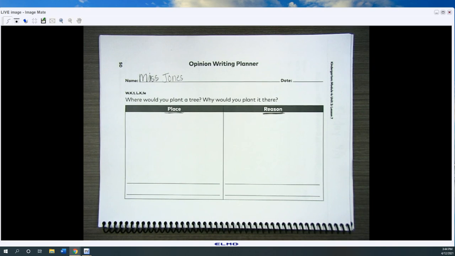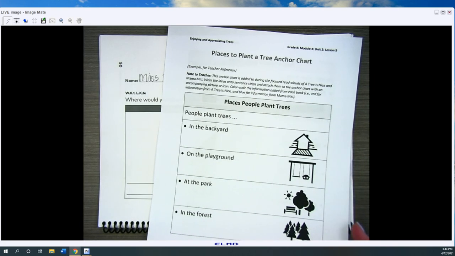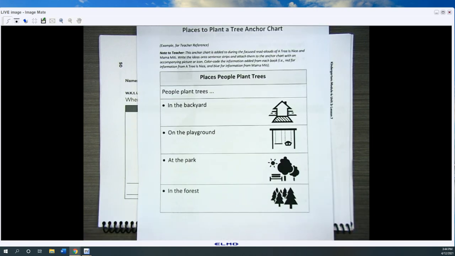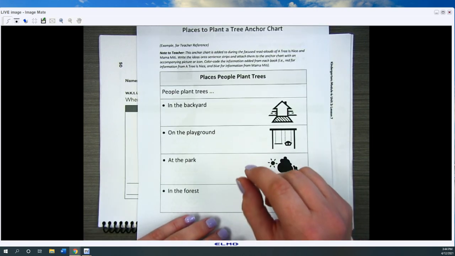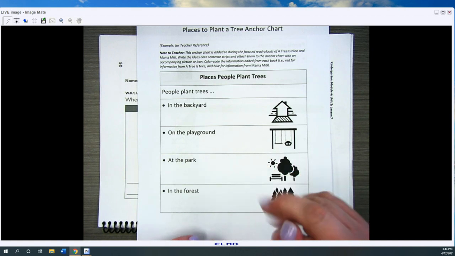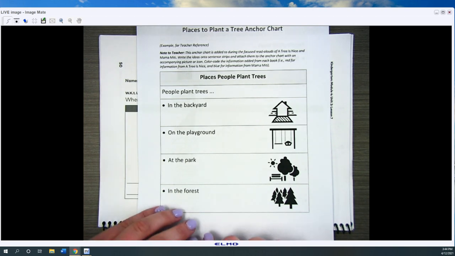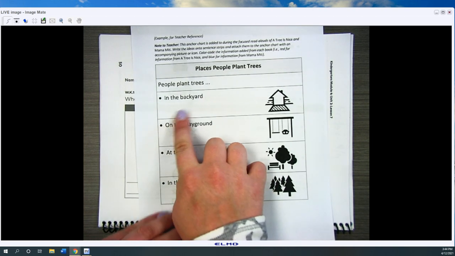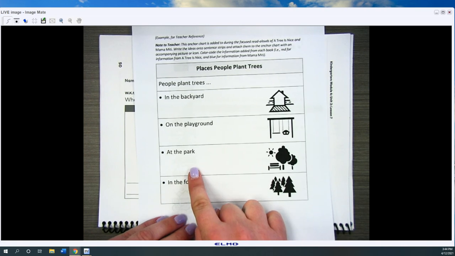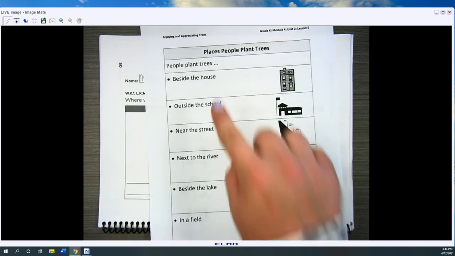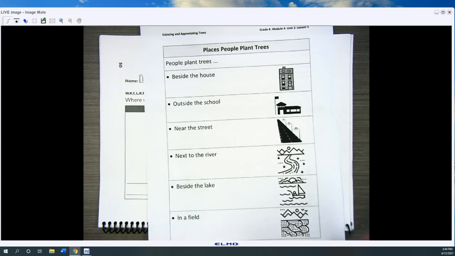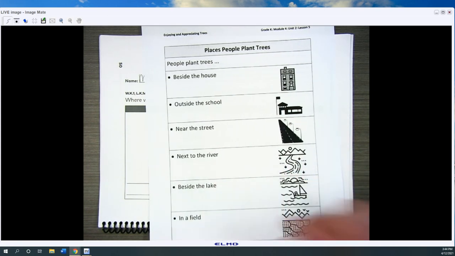So I am going to first pick a place from our places to plant a tree anchor chart. Some of the places we talked about from Mama Miti and A Tree is Nice, we put on here: in the backyard, on the playground, at the park, in the forest, beside the house, outside the school, near the street, next to the river, beside the lake, and in a field.